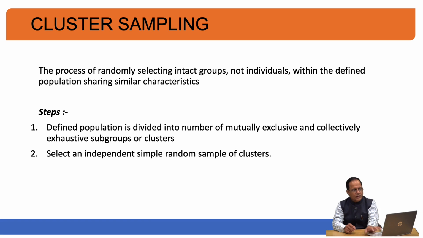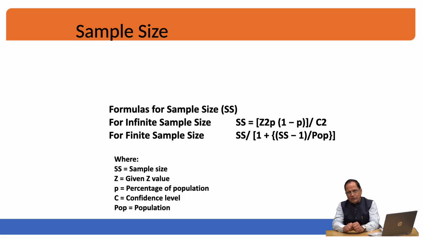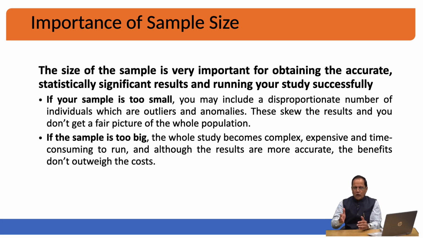And already we have discussed the need of sampling, and now talking about the sample size. The sample size will depend upon the type, size and nature of the research, as well as what kind of objective and hypothesis has been decided for the research. Generally, there are two techniques.